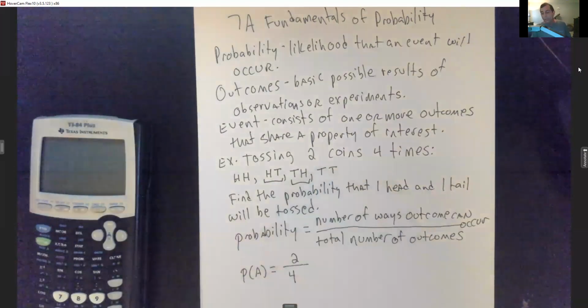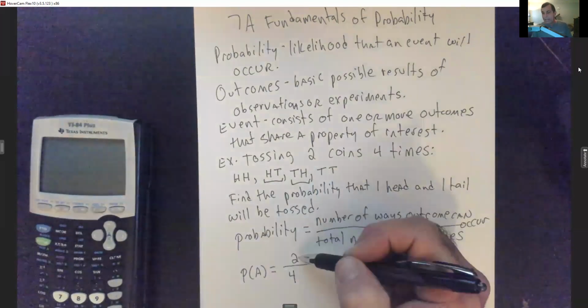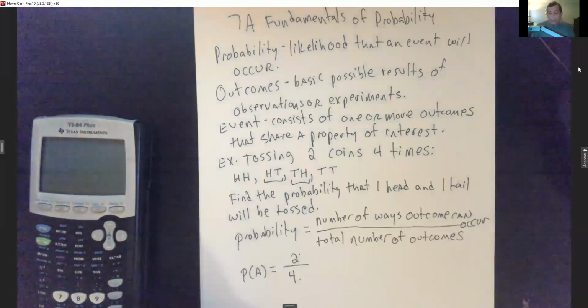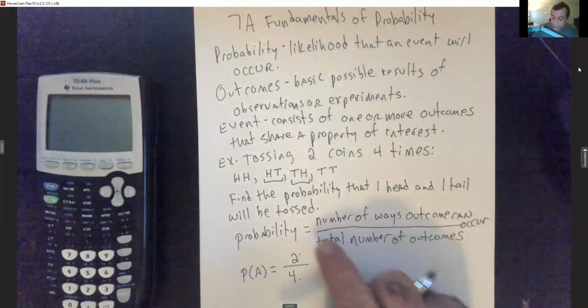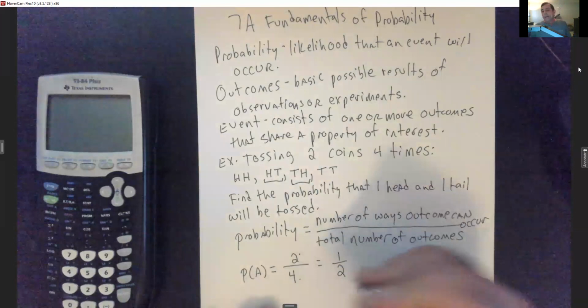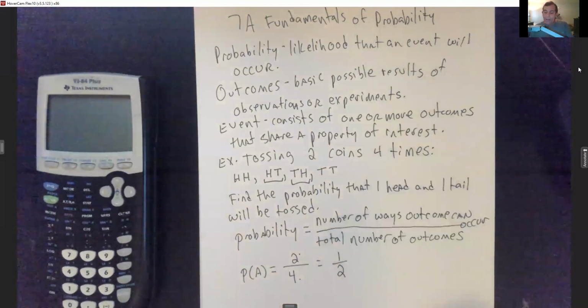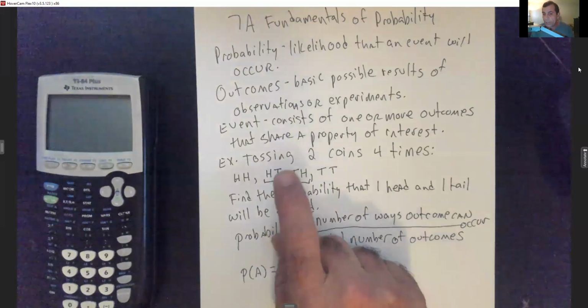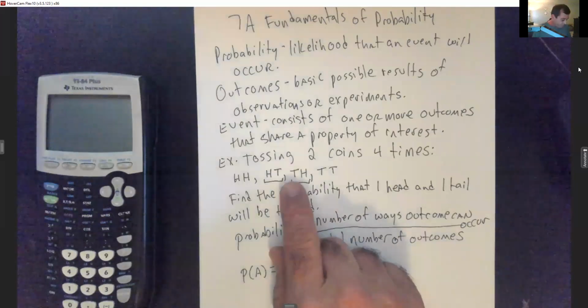So 2 outcomes for what I needed out of the 4 outcomes. And if you notice, 2 over 4 will reduce to 1/2, which means that if I throw 2 coins 4 times, I would expect half of those outcomes to have 1 tail and 1 head. Okay?